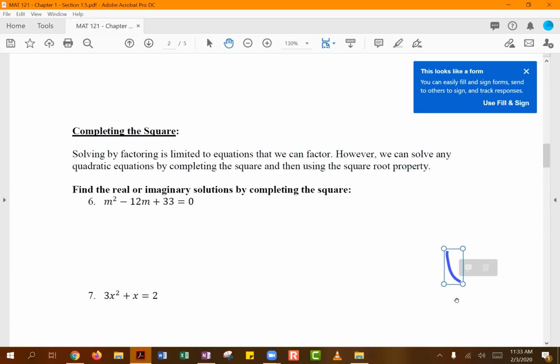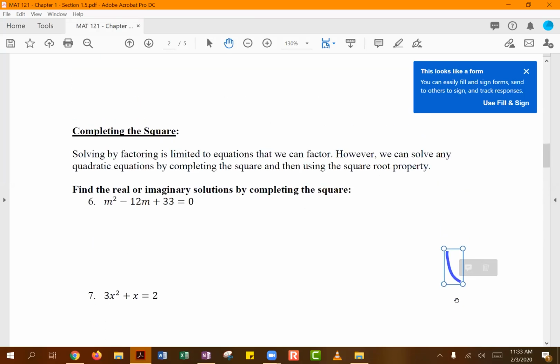So I'm going to take each term and divide it by 3. Whatever that leading coefficient is, whatever number is here on your square term, divide by that same number. So if it's a -5, divide everything by -5. So 3 is specific to this example, but not for every one.